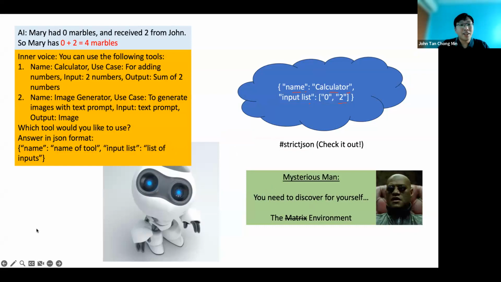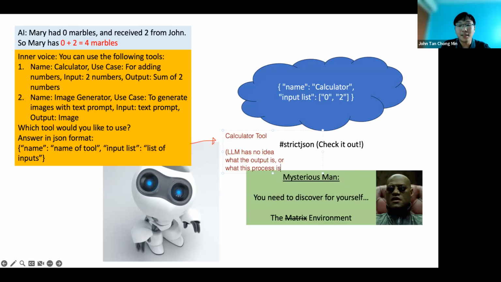The tool doesn't directly talk back to the large language model itself. You kind of need to tell the output of the tool back to the large language model itself, because the large language model has no idea. When we call the calculator tool, the LLM has no idea what the output is or what this process is.